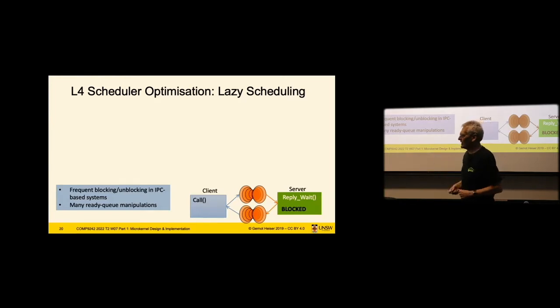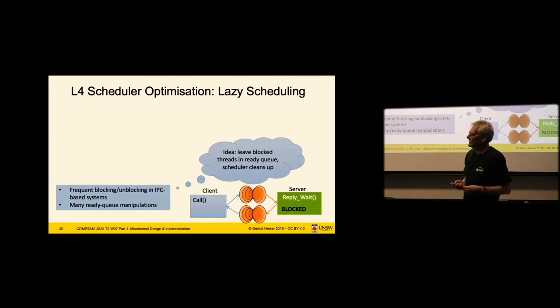So the question is, okay, can we just simplify that? And the idea is, because when this server blocks, we're going to unblock it pretty soon, just leave it in this block queue anyway, and then we clean up later.